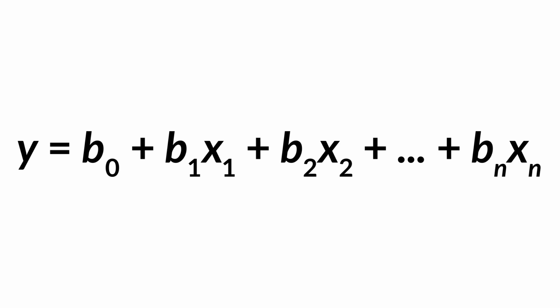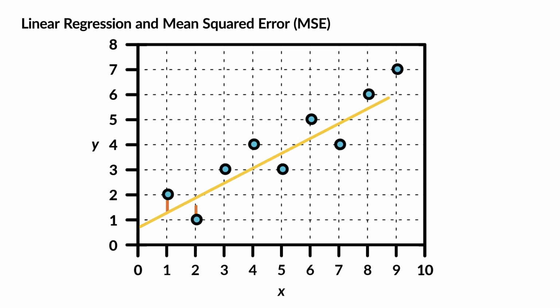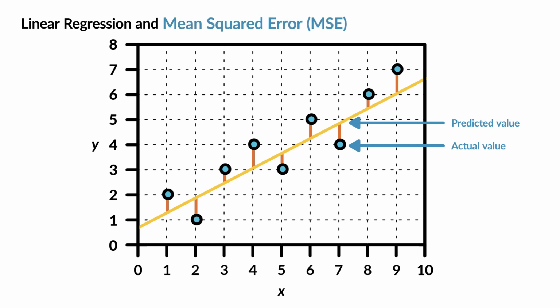To fit a simple linear regression model, we need to find the values of b0 and b1 that minimize the difference between the predicted values and the actual data points. This difference is measured using something called mean squared error, or MSE.